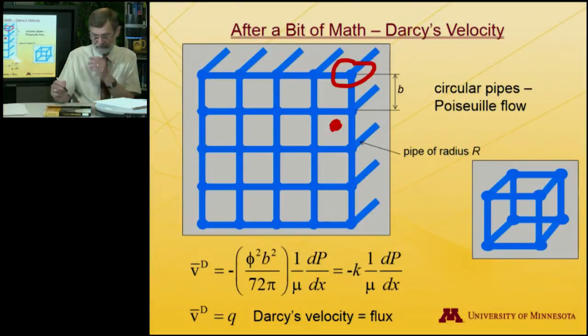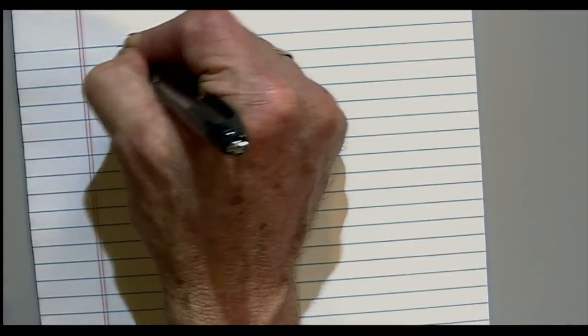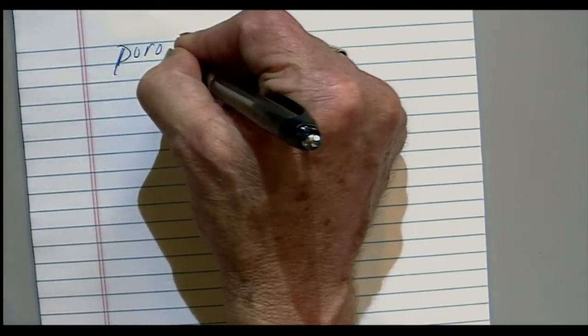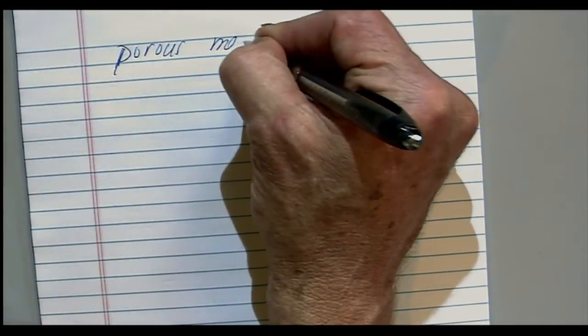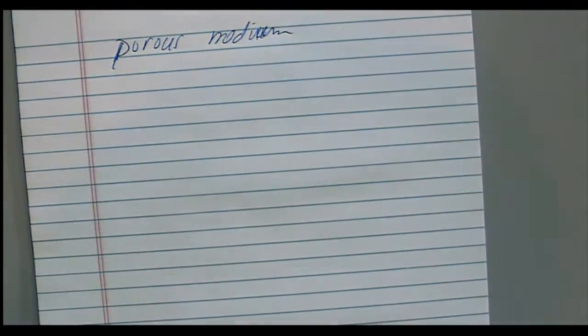Right? So I have to do some area normalization to get that point taken into account. Okay, so we're going to make the medium now, rather than one pipe, a porous medium. We're going to make it sand with water flowing through the sand, but in a very special geometry.